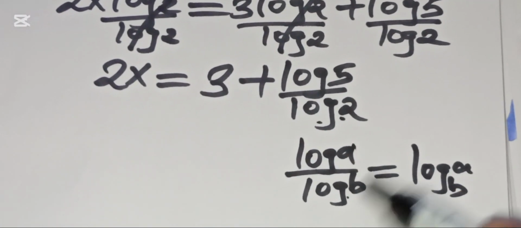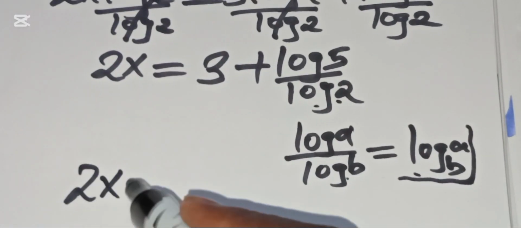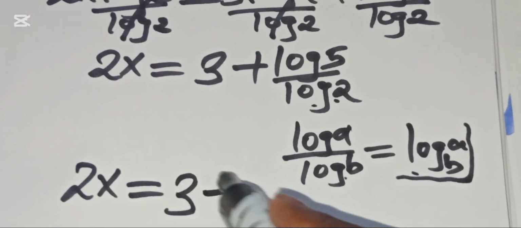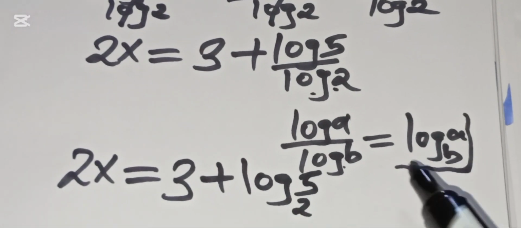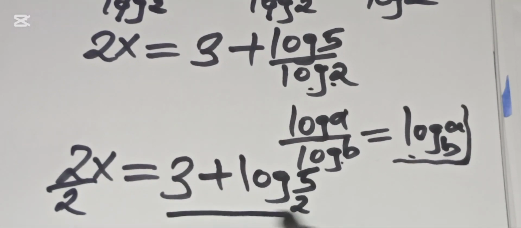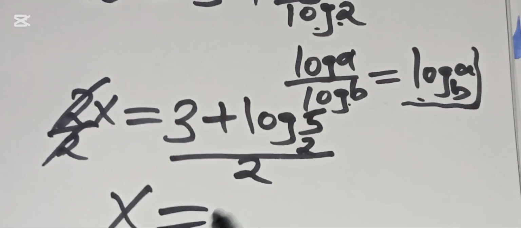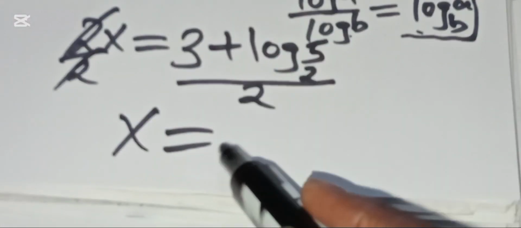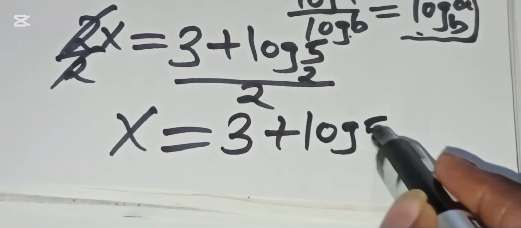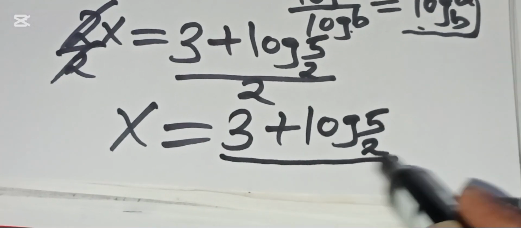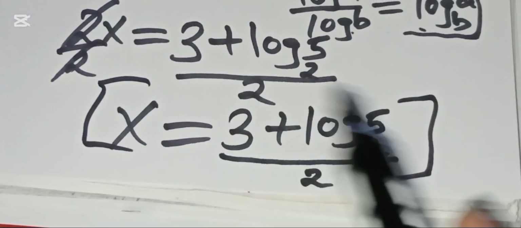So you're going to have 2x equal to 3 plus log 5 to base 2. So we divide both sides by 2 so that now the value of x is equal to 3 plus log 5 to base 2, divide everything by 2. So this is the value of x.